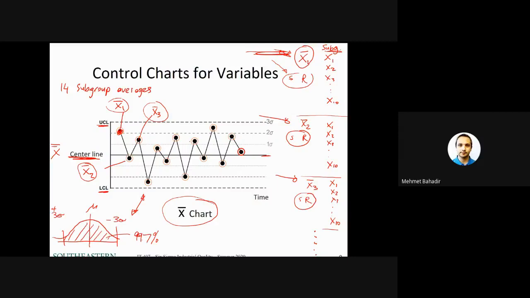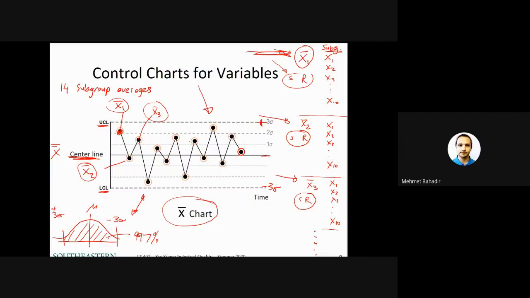When you look at the subgroup averages of any distribution, it is normally distributed. So a control chart always represents a normal distribution characteristic. So from this point, if I calculate the upper control limit, a plus 3 sigma, and minus 3 sigma line with respect to my center line, this chart is presenting 99.7% of all the data values.